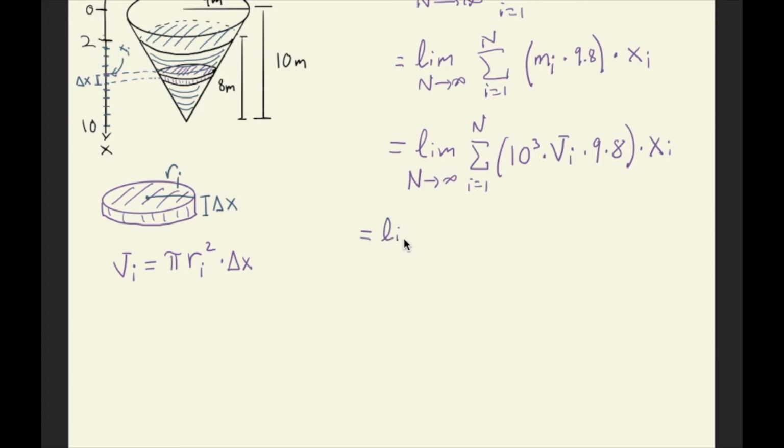This is equal to the limit as n goes to infinity, sum of i equals 1 to n of 10 cubed times pi Ri squared times 9.8 times xi. I don't need that parenthesis, but I can keep it there if I want.